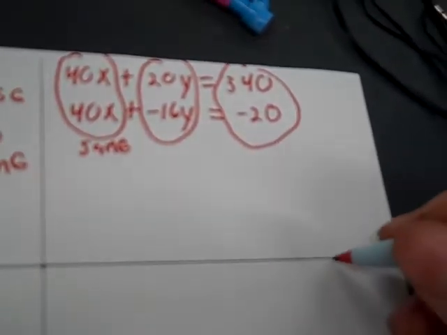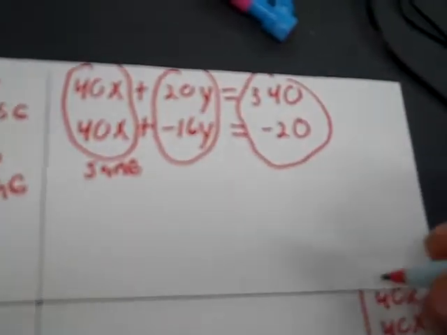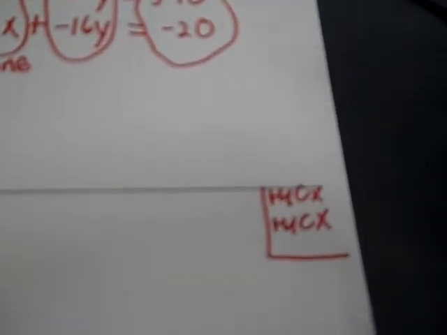Now I at least see one of them has the 40 and 40 are the same, so I'm going to put same right there. And I'm going to make a little box because this is going to tell me if I have to switch the signs or not. So I write 40x and 40x. Now that's positive on top and it's positive on bottom. They should not both be the same, okay?